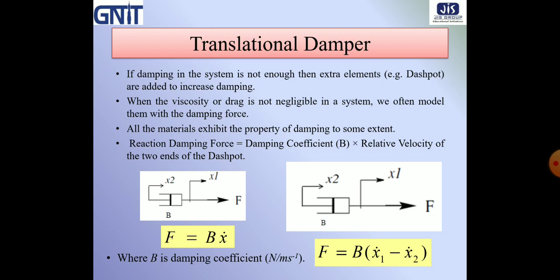By equation, F is equal to B into x1 dot minus x2 dot, where x1 dot is equal to dx1 by dt, that is velocity of end 1, and x2 dot is equal to dx2 by dt, that is velocity of end 2, and B is the damping coefficient in Newton per meter per second. So the main thing is damping force F is equal to B into x1 dot minus x2 dot, that is damping coefficient into relative velocity of the two ends.